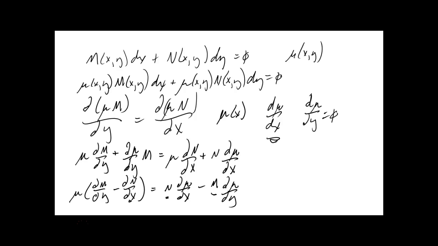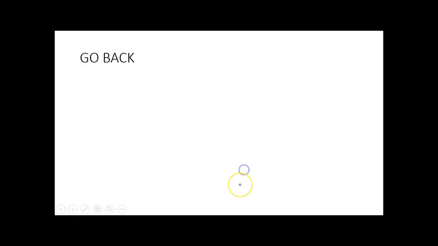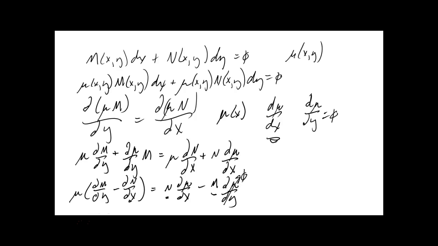With that in place, then here's what we've got. I was on the wrong line. If we're assuming that this one is 0, okay, so what we've got now is that mu of x, and x alone, no y dependence, from right here, is equal to, this is 0, so this is n times the derivative of mu with respect to x, it's just a function of x alone, divided by this thing here, and I'm going to shorten this, m sub y minus n sub x.